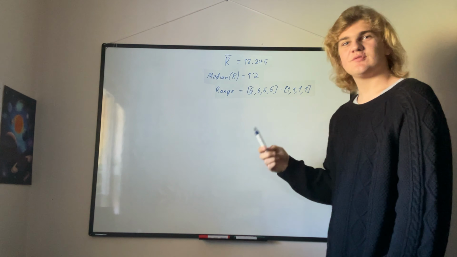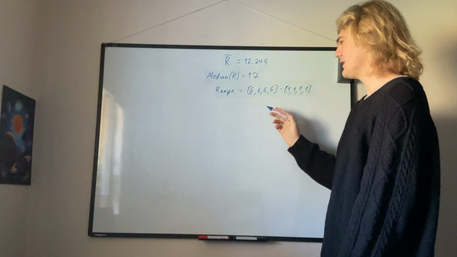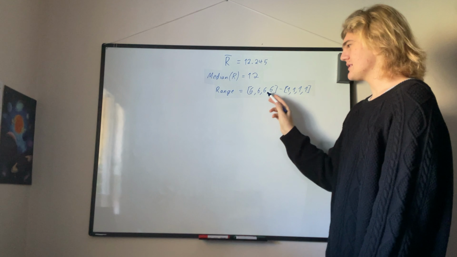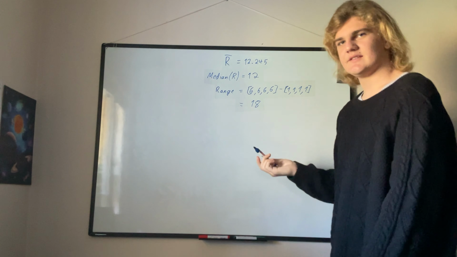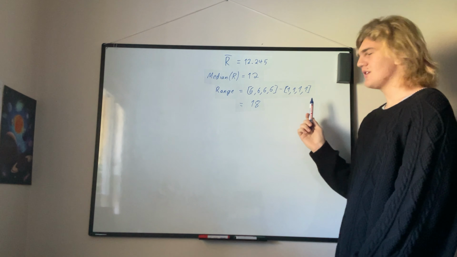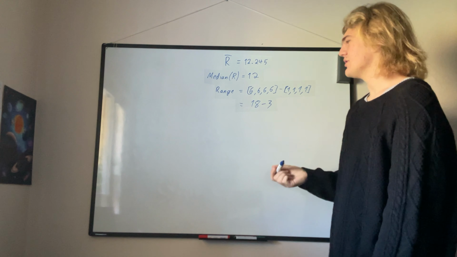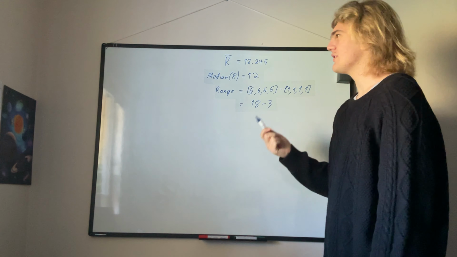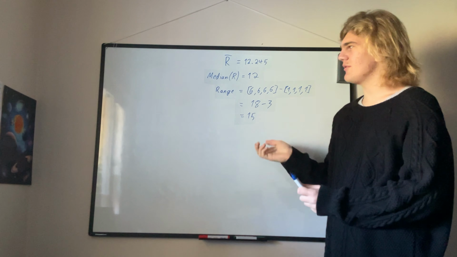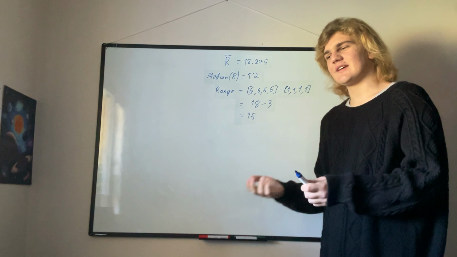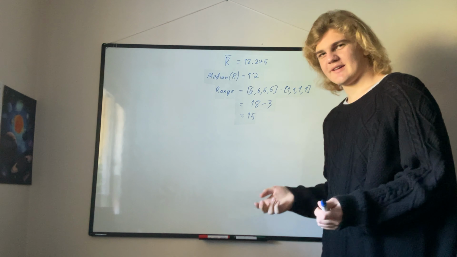So if we were to apply our rules of summing all of them up and subtracting the smallest, we would end up with 6 plus 6 plus 6 plus 6 minus 1 of the 6s would give you 18, and 1 plus 1 plus 1 plus 1 minus the smallest value, which is 1, would give you 3. So that means that our range for the randomized data is 15. So these are the values that I will be using. Once again, of course, this is randomized information, but we will discuss the accuracy of my readings later on.